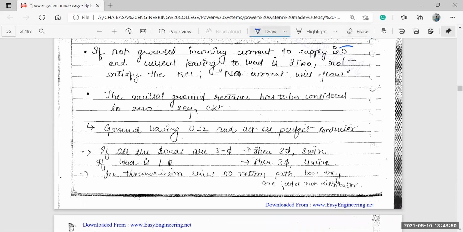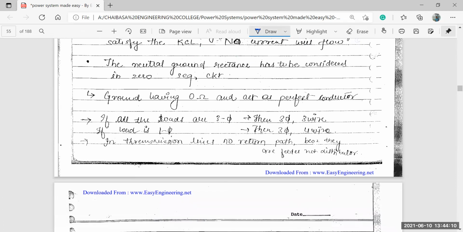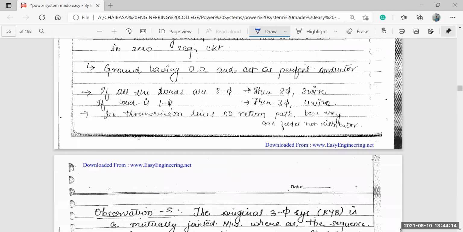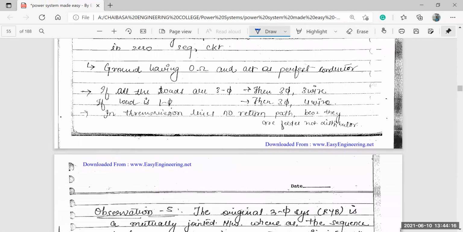Incoming current is 0 and leaving current is 3IR0. So KCL is not satisfied in this condition. Therefore, no current would be flowing. The neutral ground reactance has to be considered, the same thing we are studying. Grounding having 0 reactance acts as a perfect conductor.